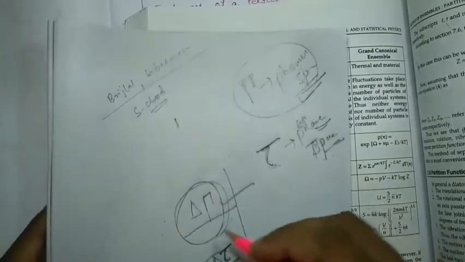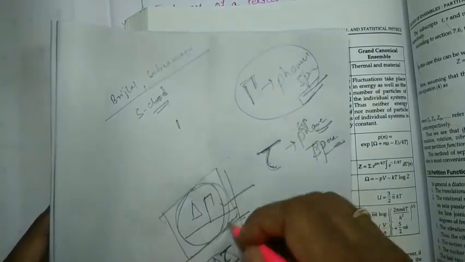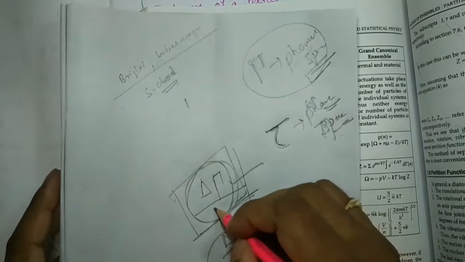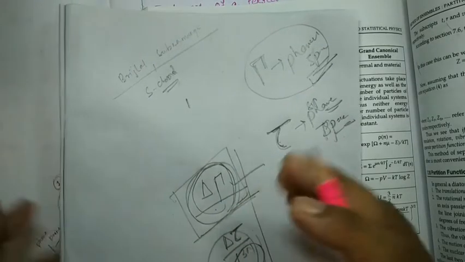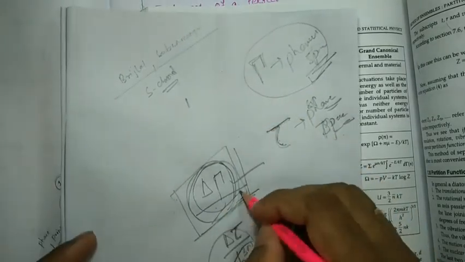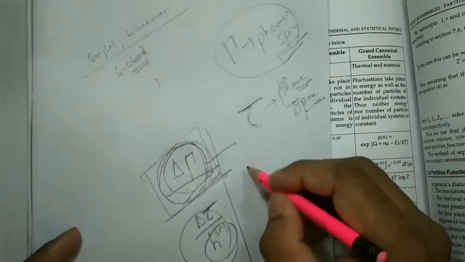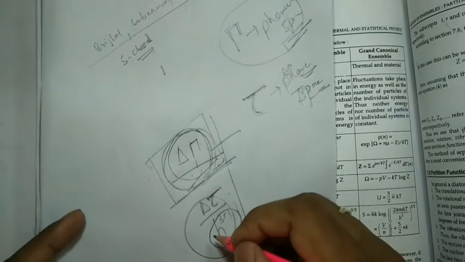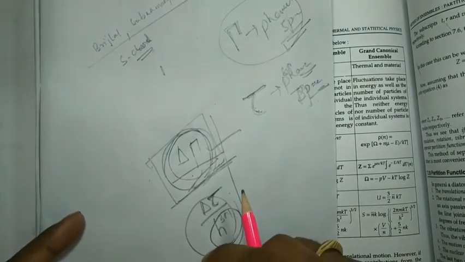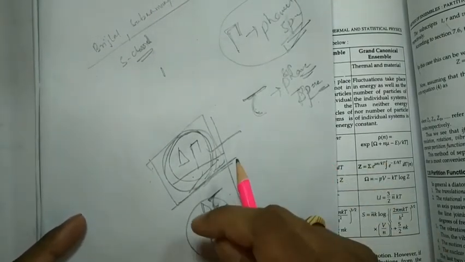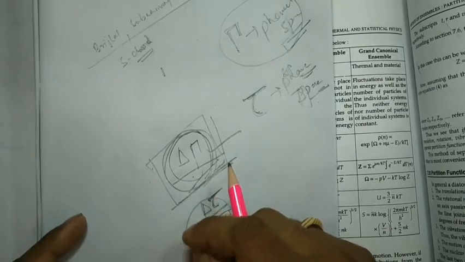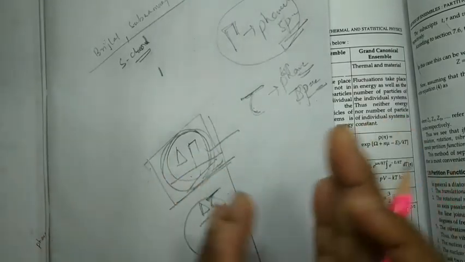See, you can see that some books have written that the volume of the hypersphere is nothing but your partition function. Some books have written that the number of microstates inside the hypersphere is your partition function of the microcanonical ensemble. So it will differ somewhat.